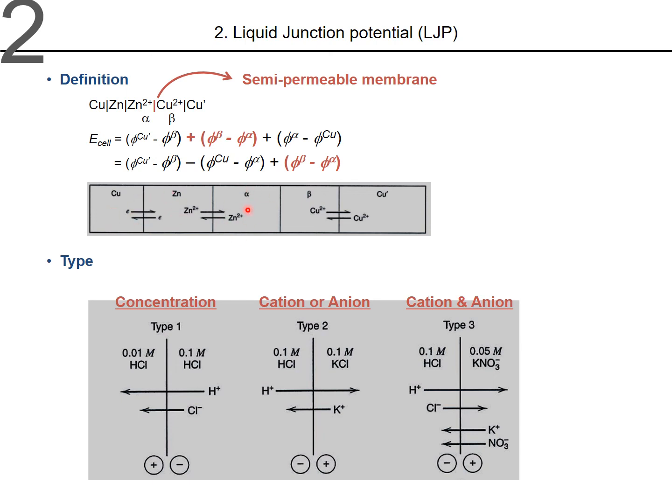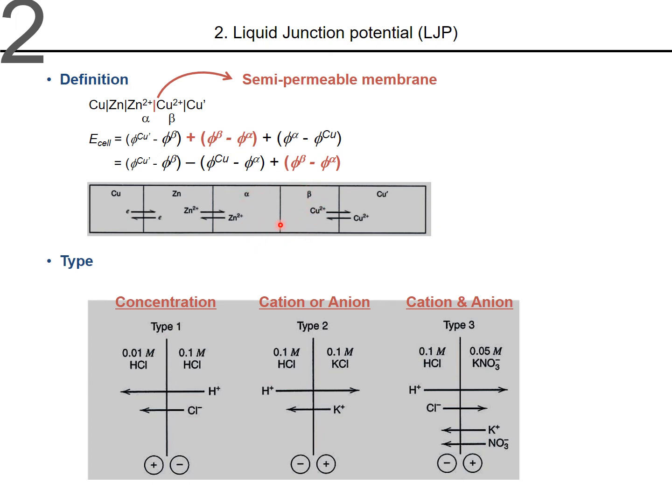Usually we are thinking about the potential difference, which is the sum of those two interfacial potential differences. However, we cannot neglect the third term, the potential difference between beta minus alpha.